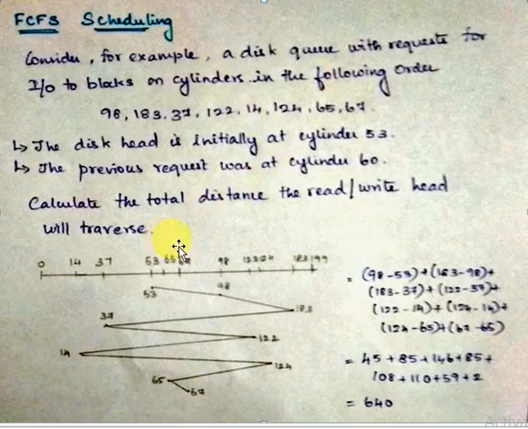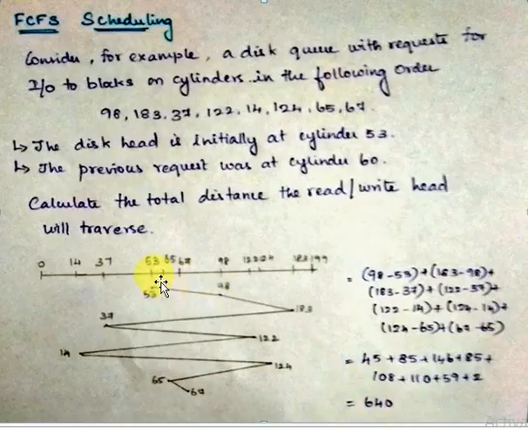Subtracting all these values, we get 45 plus 85 plus 146 plus 85 plus 108 plus 110 plus 59 plus 2. Altogether, the total distance the read and write head will traverse is 640. That is, the seek time is 640.